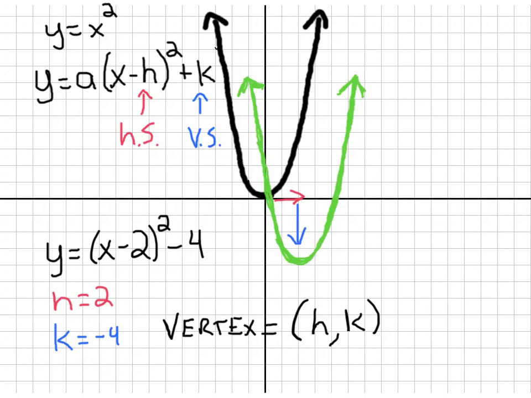So we can write that. The vertex on this particular one is 2, comma, negative 4. Now, if we remember, the vertex is the highest or lowest point on a graph. And so this is the lowest point on this particular graph, and that point right there on the coordinate plane is 2, negative 4. So that is our vertex on this particular one.